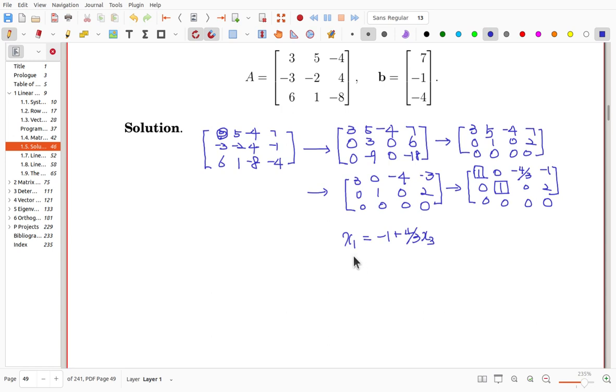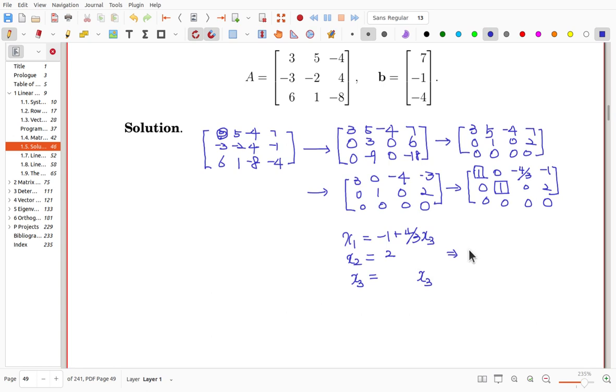Now x2 is simply 2, and x3 is a free variable, so we write x3.